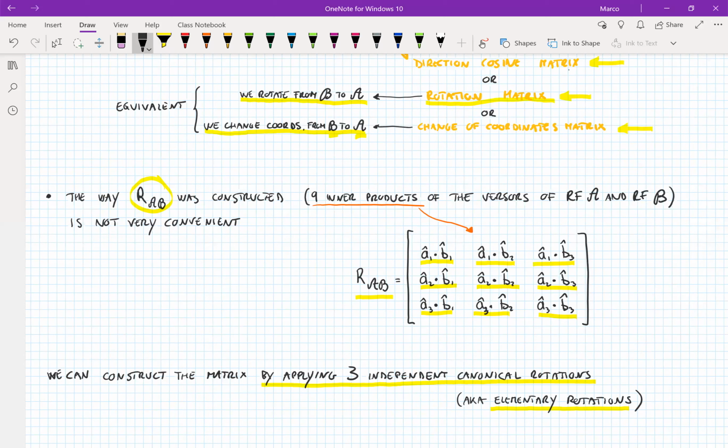But before proceeding, I want you to realize that every time we write RAB, we have to read it from right to left, in the sense that this rotation matrix goes from B to A. So this is the rotation matrix that will align B to A, or given a vector expressed in the B coordinates will give us the coordinates of the same vector in the A reference frame.